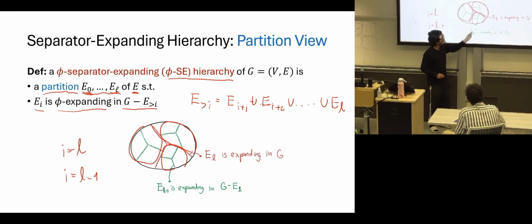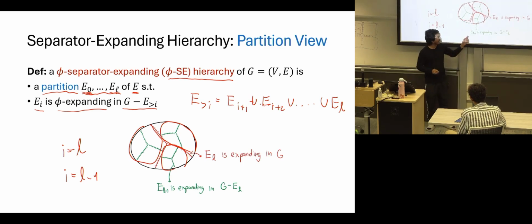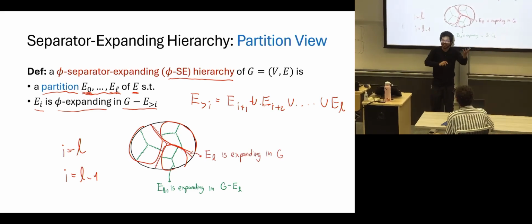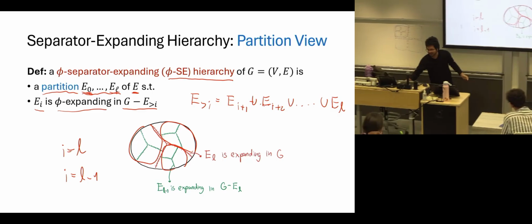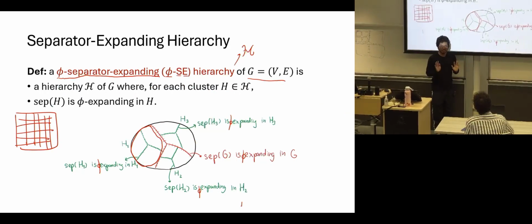It just means that when you restrict to this component, the EL minus 1 in this component is expanding in this component. Recall that when we say something is expanding in something, it means that for each connected component, the node weighting is expanding in the component. So to say this thing is really the same as saying these three things at the same time. Make sense?